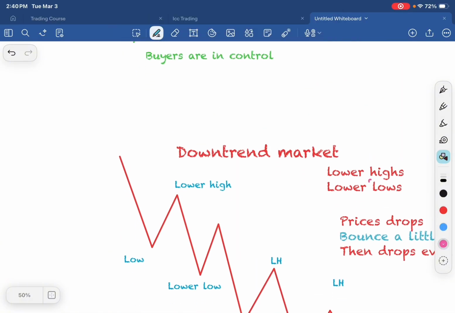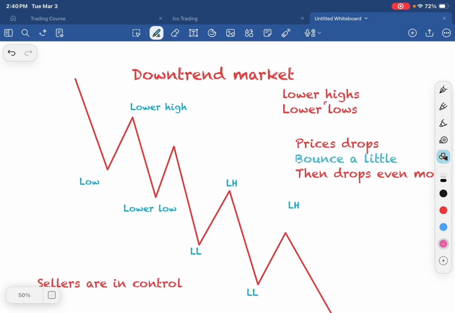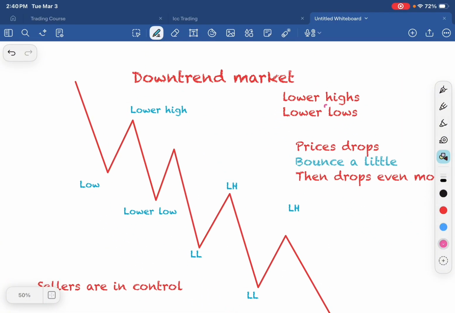The next one we have now is downtrending markets. In a downtrend, we have a low, then a lower high, then a lower low, a lower high, a lower low, a lower high, a lower low.